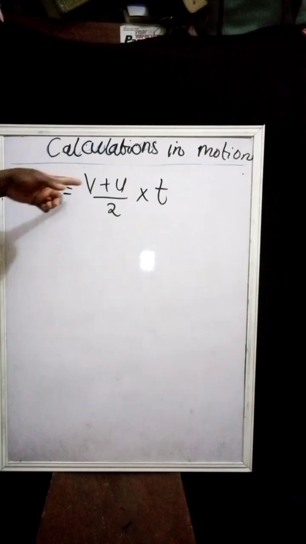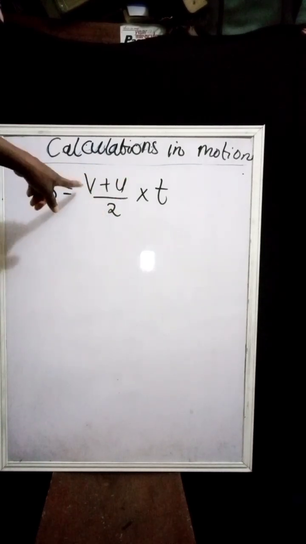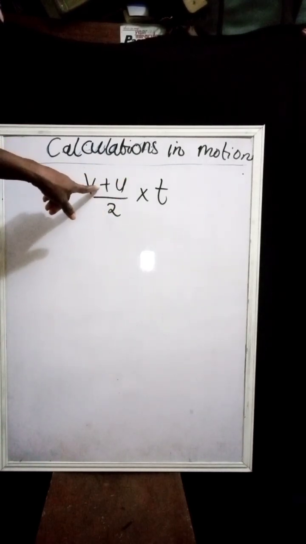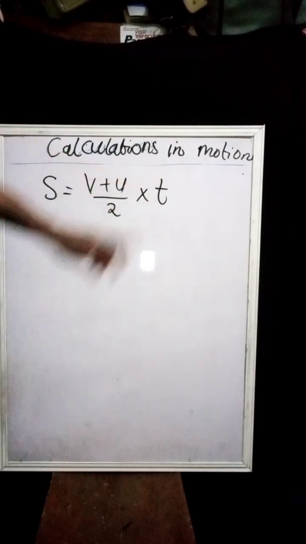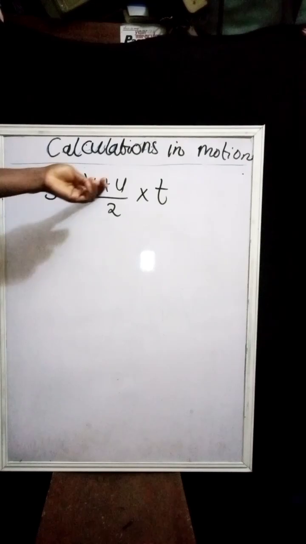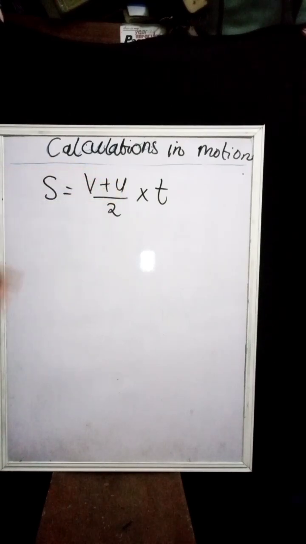The average velocity is v plus u divided by 2, then multiplied by time, where v is the final velocity, u is the initial velocity, s is the distance, and t is the time.